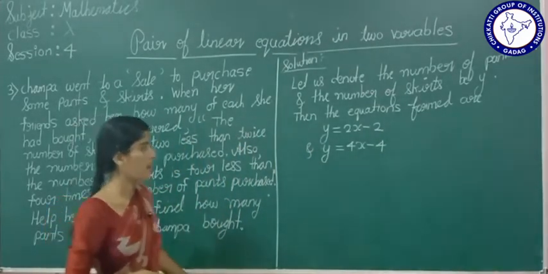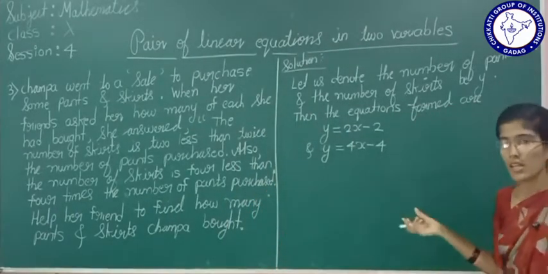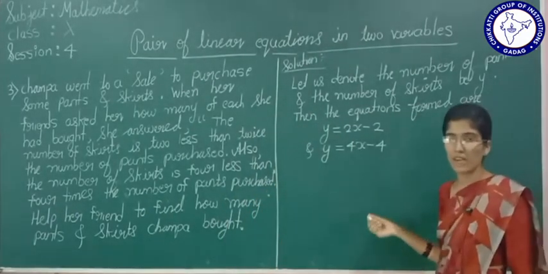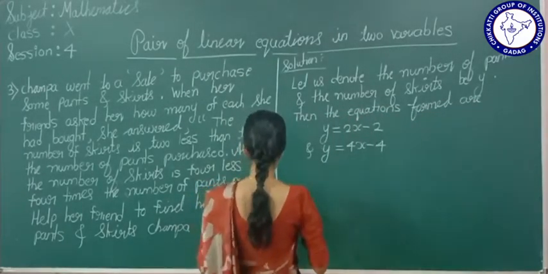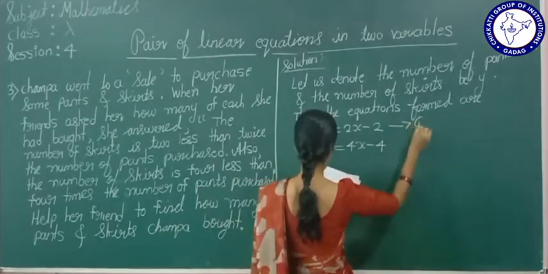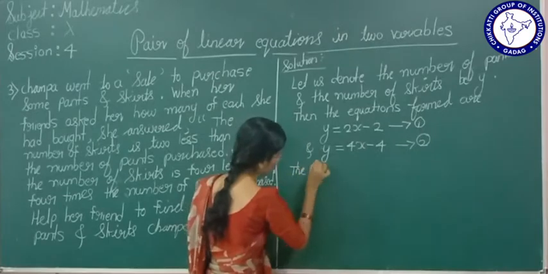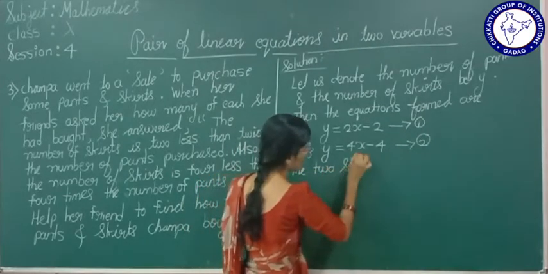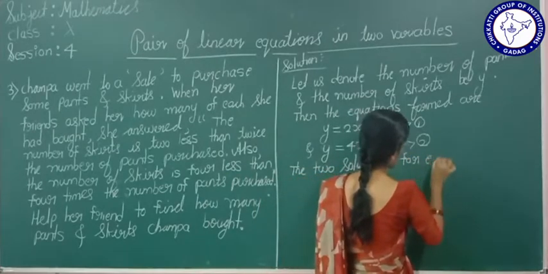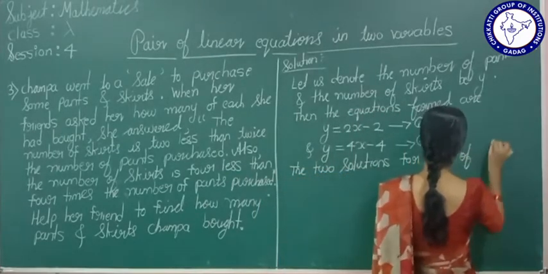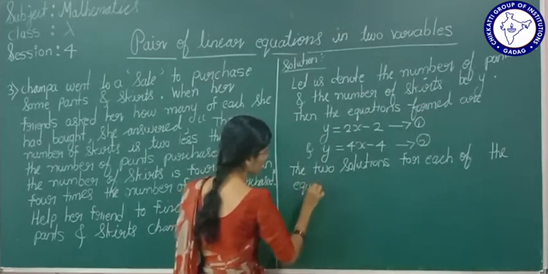Now we have to find the solution of these linear equations by the graphical method. This is equation number 1, and this is equation number 2. We will find two solutions for each of the equations.